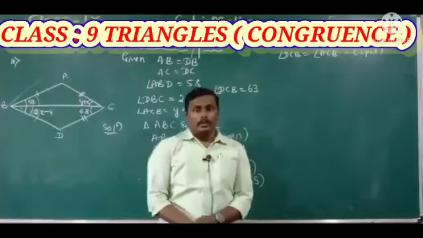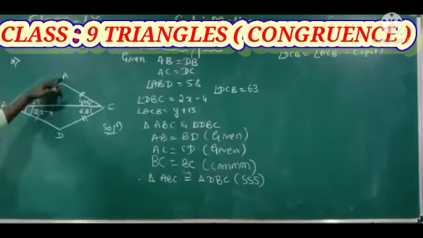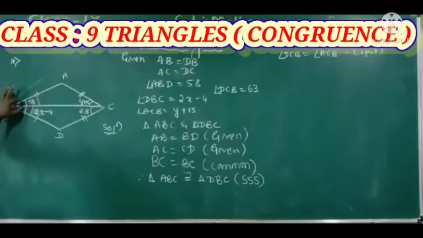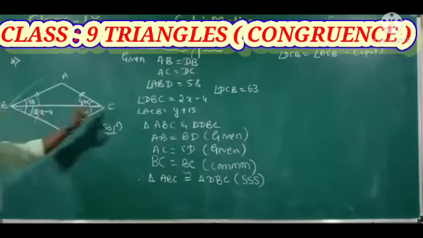Now, how are we getting the angle ABD? This complete angle ABD we are getting from the sum of these two angles. By adding these two angles we are getting one complete angle, that is ABD. So what are we adding here? Angle ABC and angle DBC.